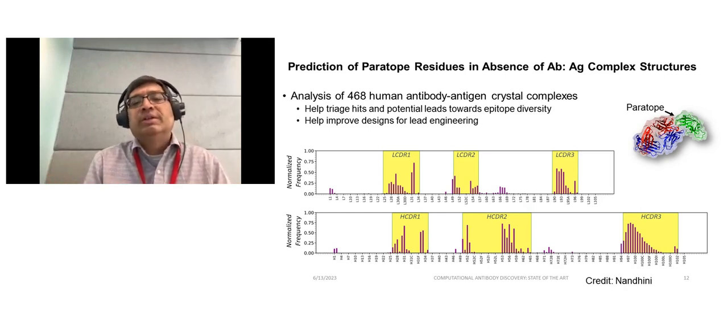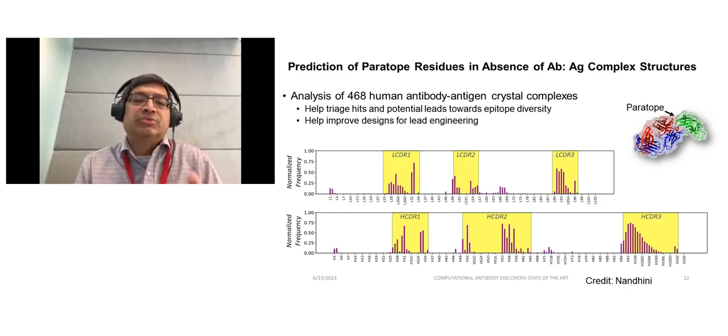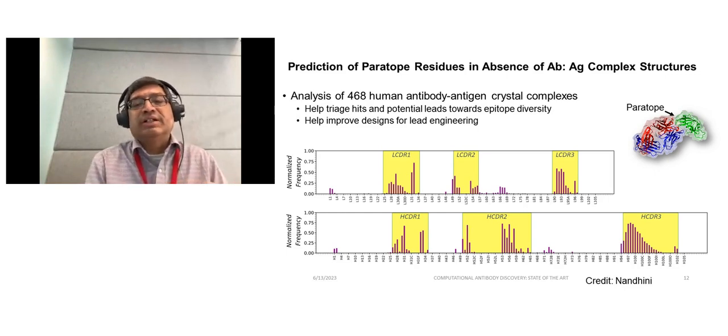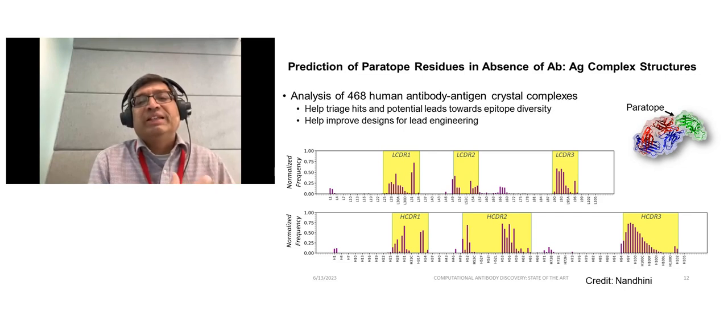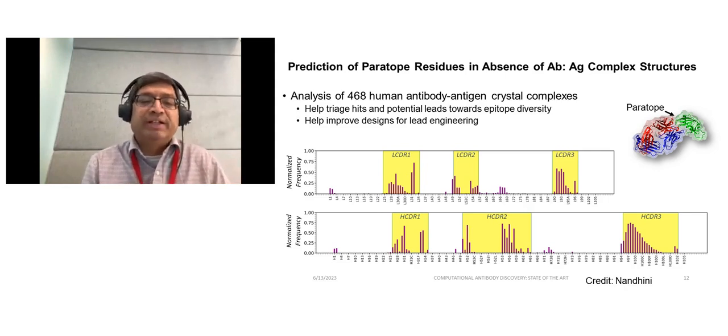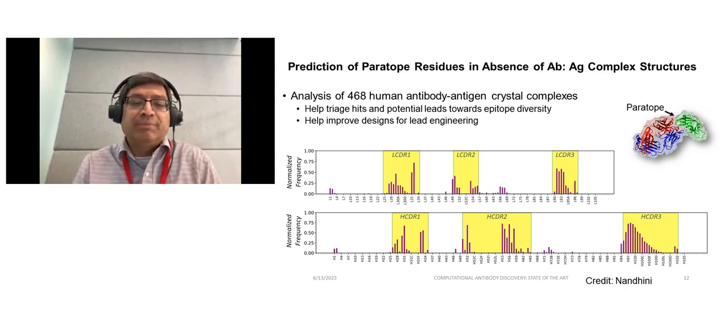We could show that these paratope residues fall at certain positions, and even the hotspot falls on certain common positions. This effort allows us to predict the antibody paratopes right off the bat as the sequences come out from antibody generation campaigns.